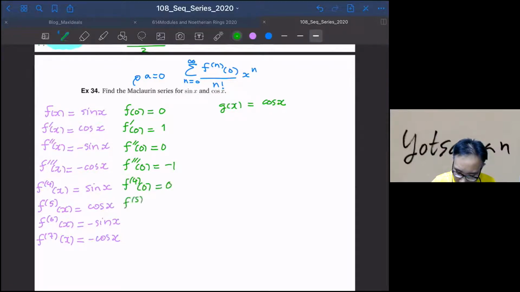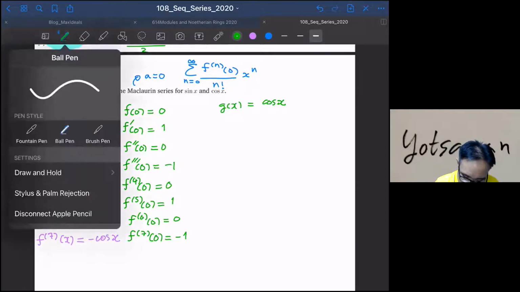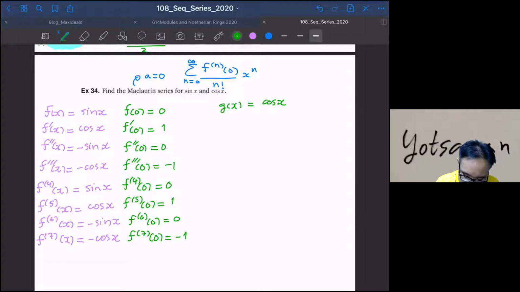The fifth is 1. The sixth is 0. And the seventh derivative at 0 is negative 1. Continue, and you see that you're going to have 1, 0, negative 1 alternately. So this one is going to be for the odd terms.